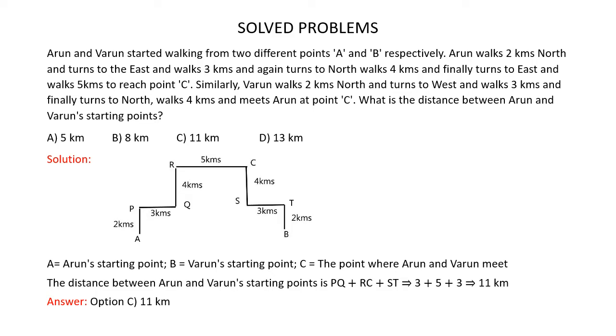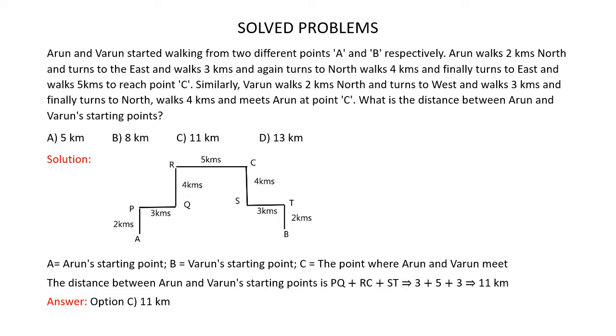Now Arun starts from A and walks 2 kilometers north to reach P. Then he turns to the east and walks 3 kilometers to reach Q, and again turns to the north and walks 4 kilometers to reach R. And finally, he turns to the east and walks 5 kilometers to reach point C.